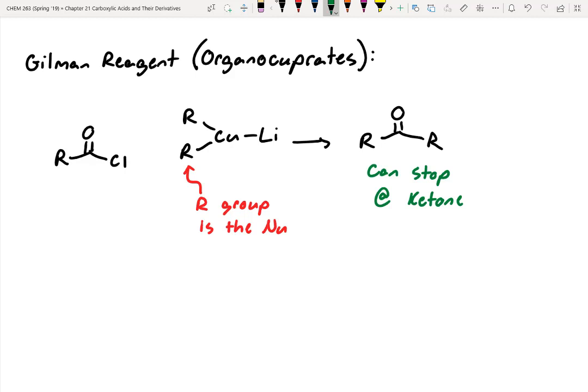What do you think the big thing is that's allowing it to stop at the ketone? Yeah, so copper is behaving like a different metal, right? What else? It's super bulky, right? Because it's bulkier, it's going to slow down the reaction kinetics enough where it actually won't react with the ketone once it's formed. However, it will react with the acid halide. All right?